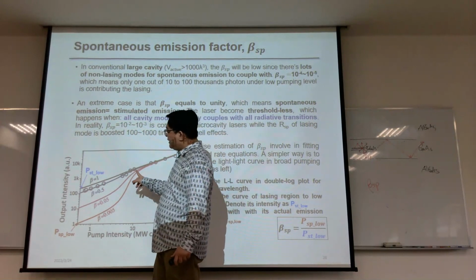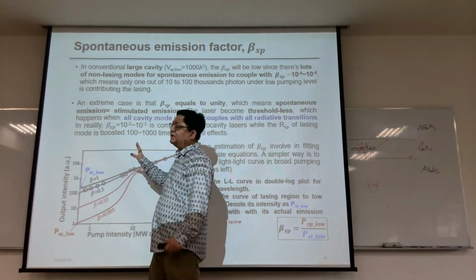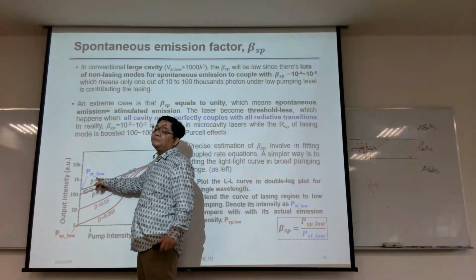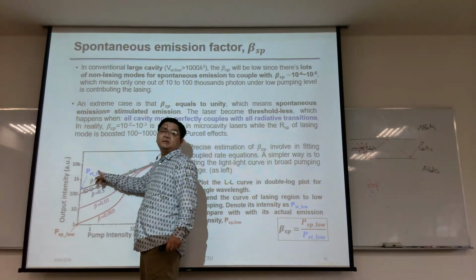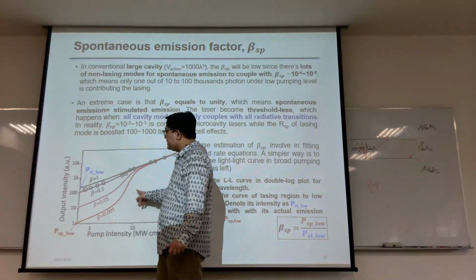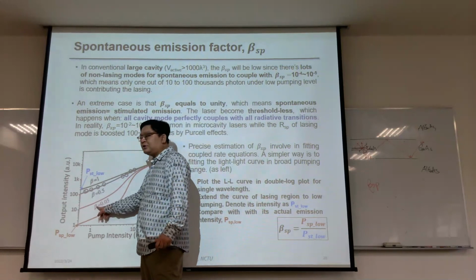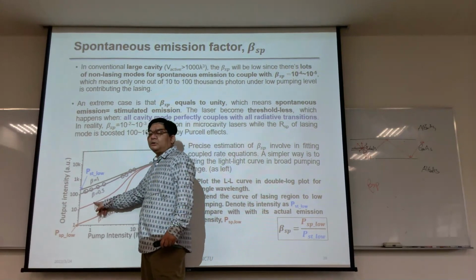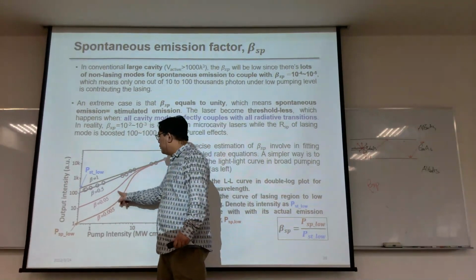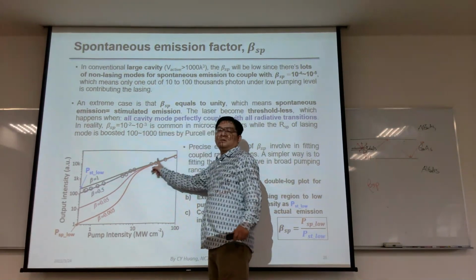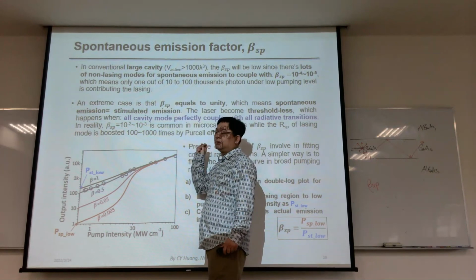But if your cavity is small, your beta, the spontaneous emission factor, increases. Then a high portion of the spontaneous emission goes to a specific mode, approaching the limit of the lasing mode.